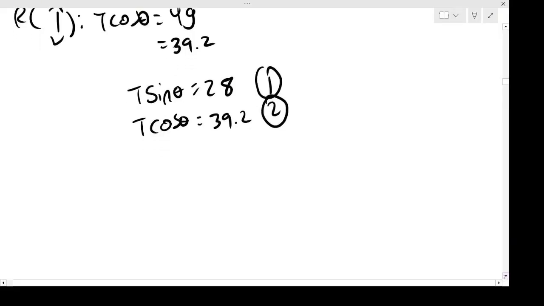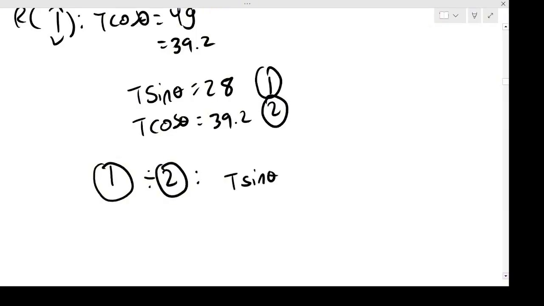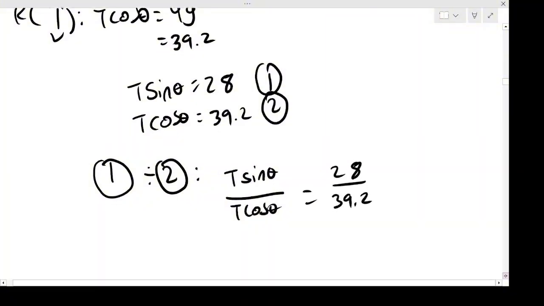To solve for theta, I can divide the top equation by the second. Doing that, I have T sine theta divided by T cos theta equals 28 divided by 39.2.